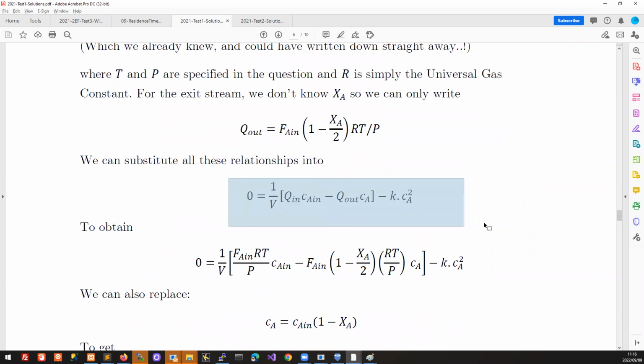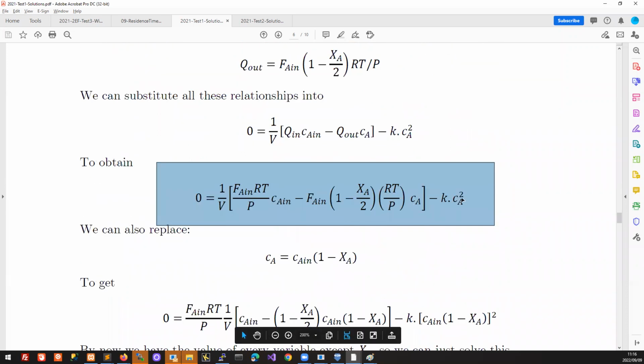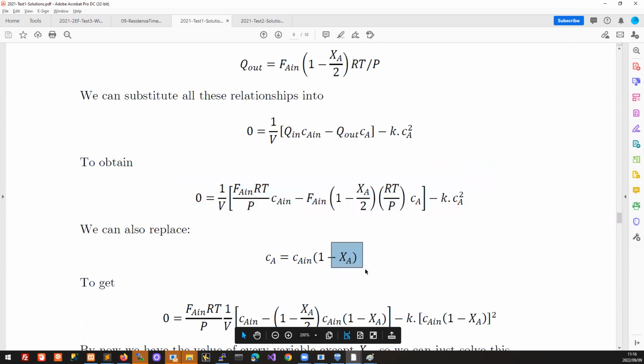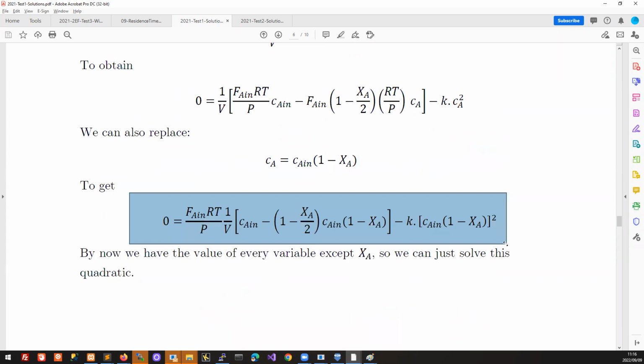And so now if we go back to our original balance, the steady state version of it, then we can just stick in all those quantities here. And even the concentrations can be written in terms of the conversion. And so finally, we have a balance that's purely in terms of the conversion. Everything else is defined: the molar flow in, the temperature and pressure, the volume.